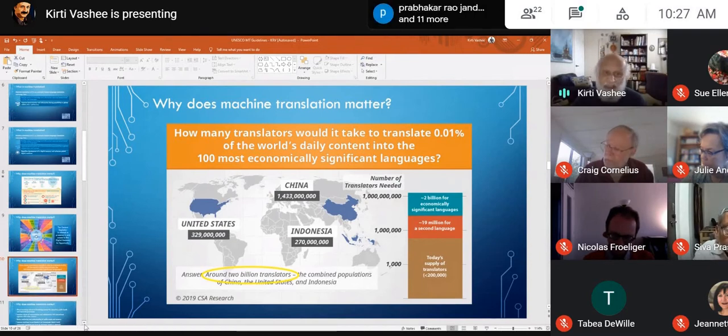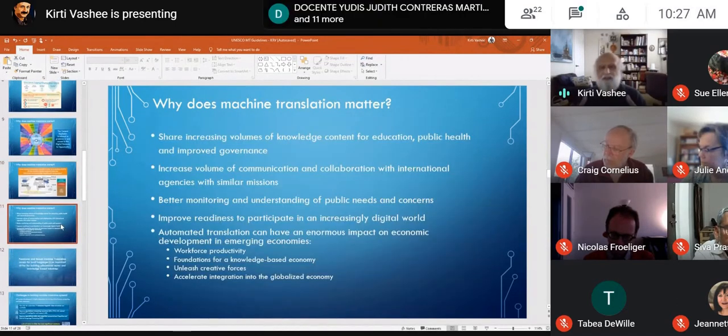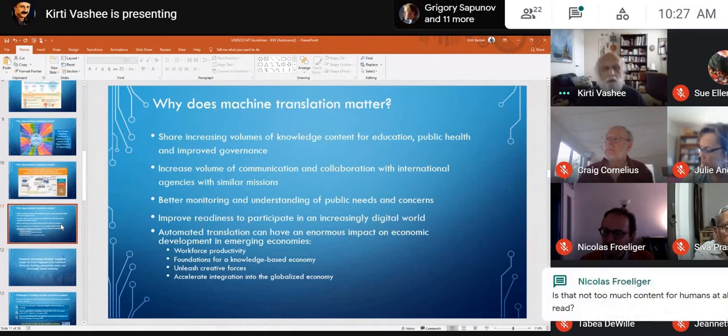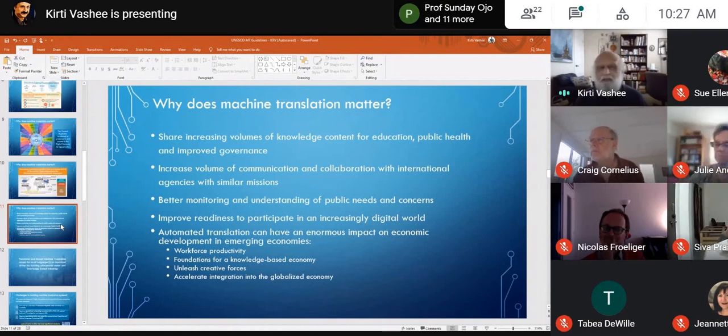And so it's in the interests of every nation and every major language to have some kind of machine translation presence, because it means that the people who speak that language have access to more information and can participate in the world in their own language. Otherwise, one of the factors that we see happening today is that many languages are dying. They're dying because not enough people speak those languages, and there's not enough information in those languages.